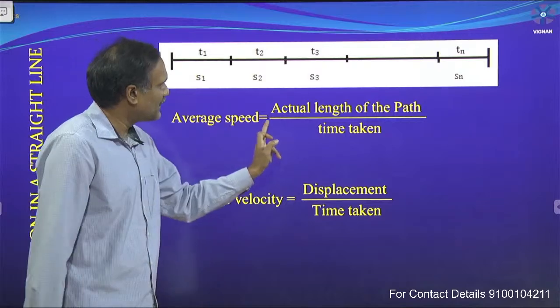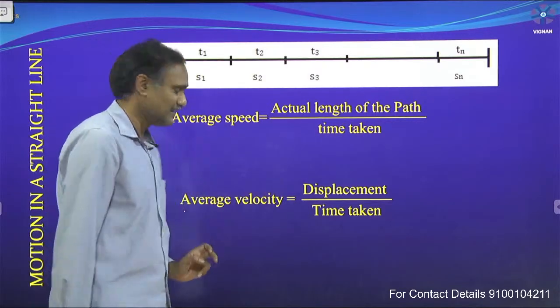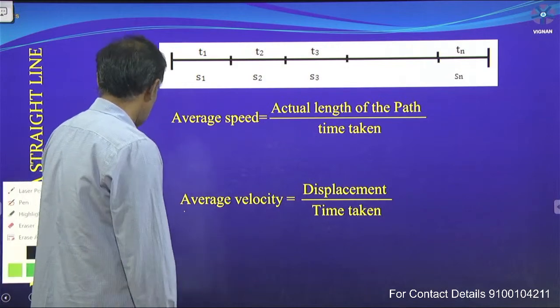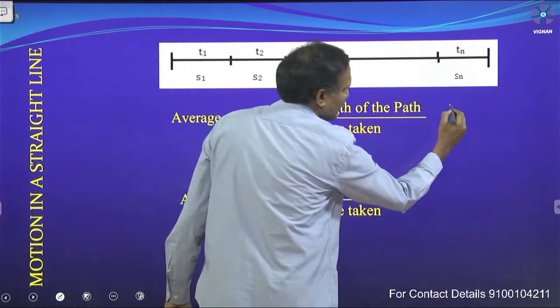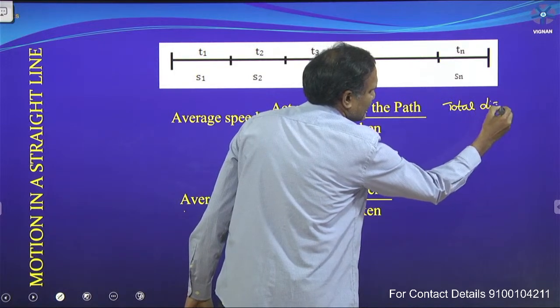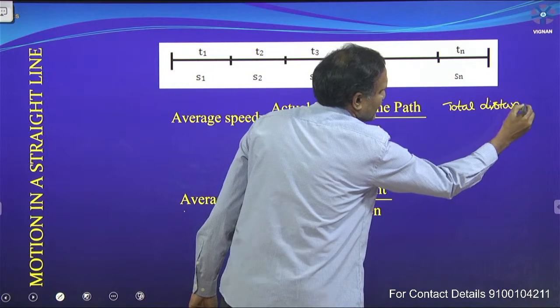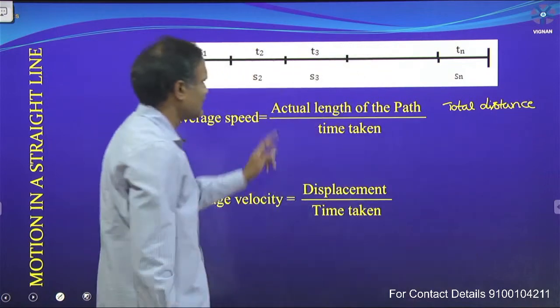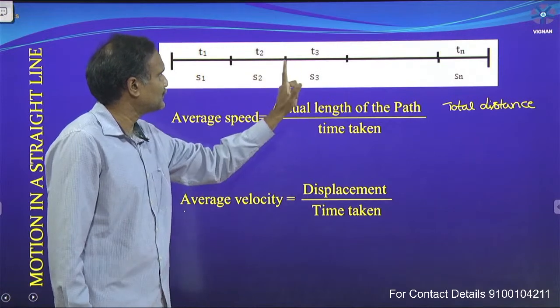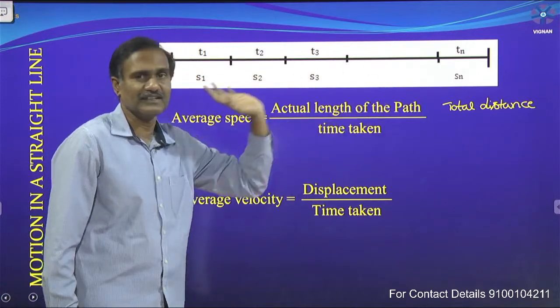Average speed is the actual length of the path, which we can also call the total distance. Now, what is the total distance covered by the particle here? s1 plus s2 plus s3 plus so on up to sn.